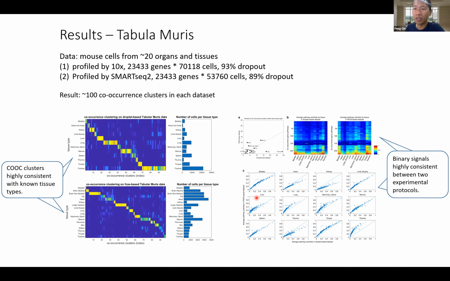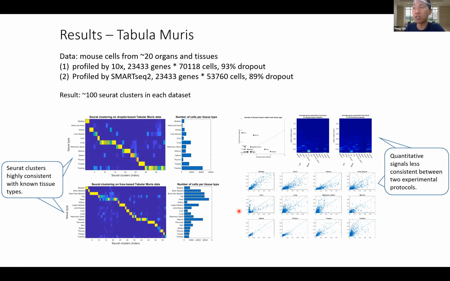Although there exists a good amount of batch effect between the two data sets, they are generated by two different technologies, and even the percentage of dropout, or percentage of sparsity, is very different. But the pathway activity level of quantification is somewhat invariant to the batch effect, whereas the quantitative information of the highly variable genes is highly influenced by the batch effect.